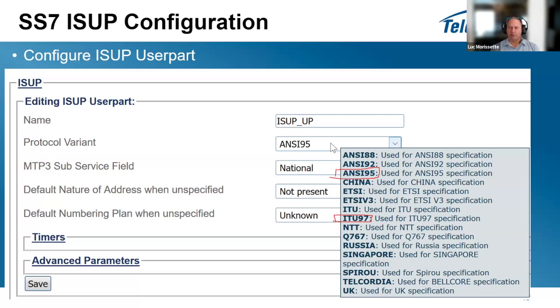But you see, there are other variants we support. The other one is the subservice field. It just needs to match which type of network you are connecting to. Then these are defaults, so these are inserted by default into the configuration if it's not already there.